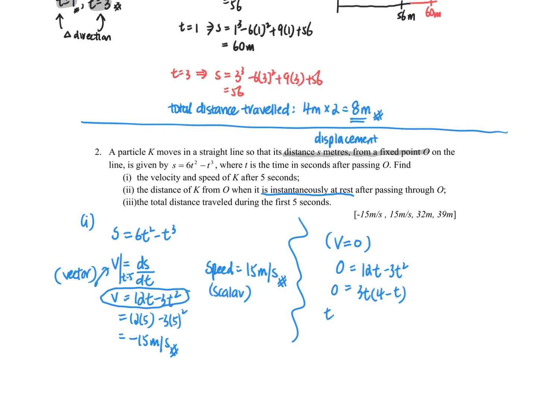So you get 2. One is where it's at the initial point. One is where it is at the 4th second. So they say, can you find the distance of K from O? Meaning they want to know what is the displacement at this point. So go and sub in t as 4.